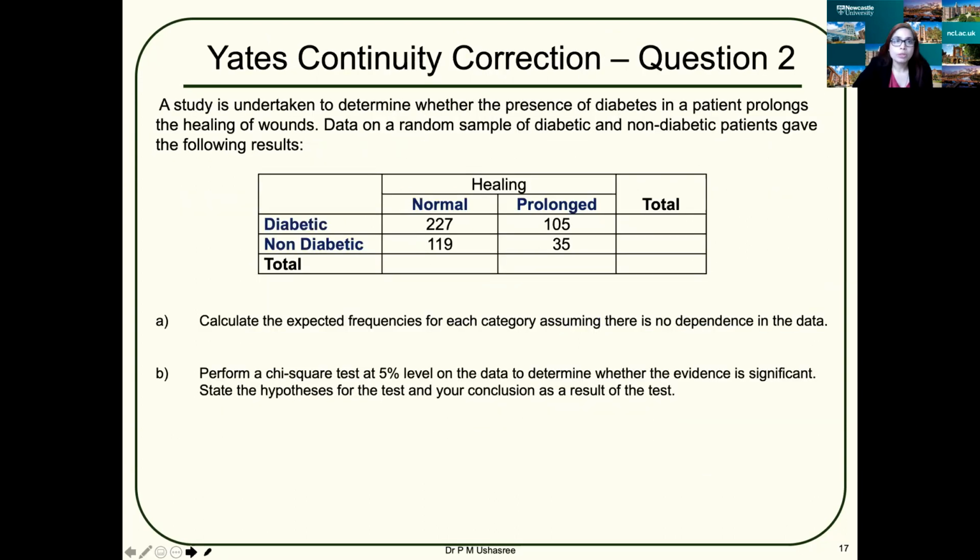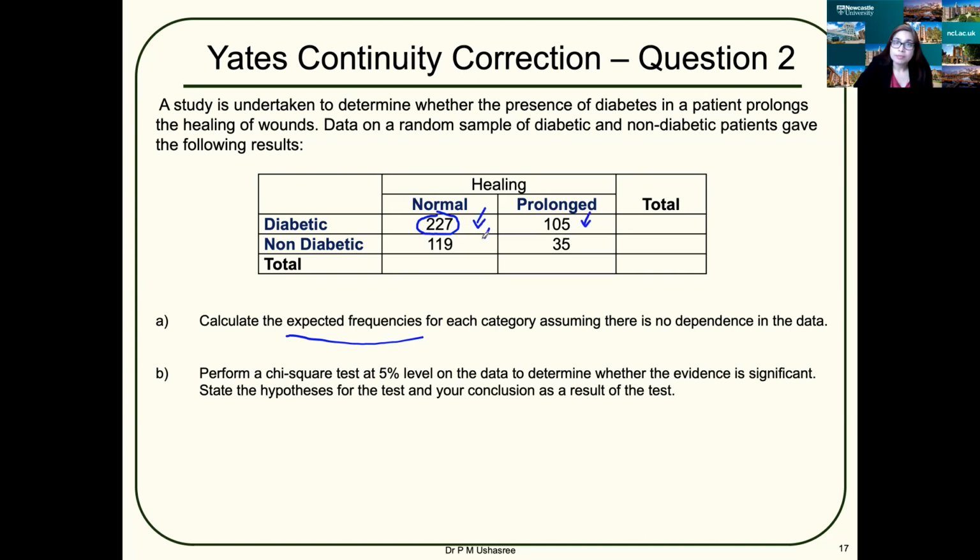Now, what I want you to do is try this example. You have to follow the steps for the hypothesis test for the chi-square test: state the null hypothesis, state the alternative hypothesis, then calculate the expected frequency for each cell, for each cross category.